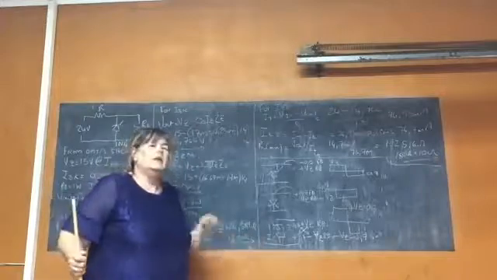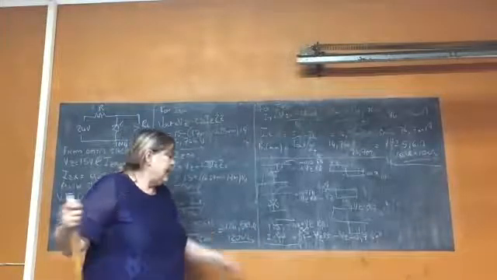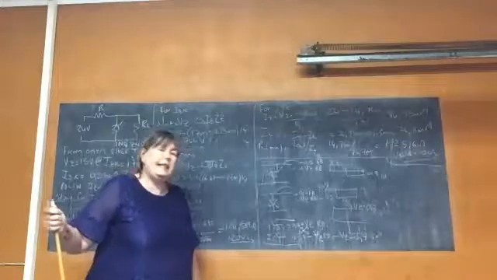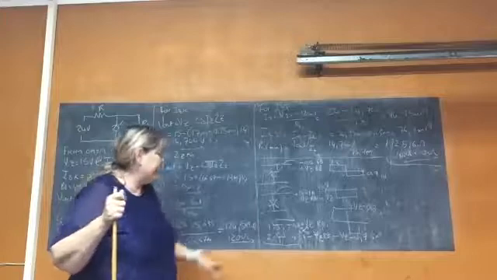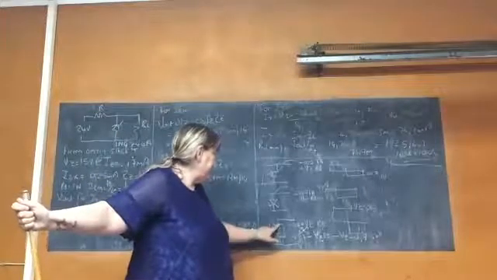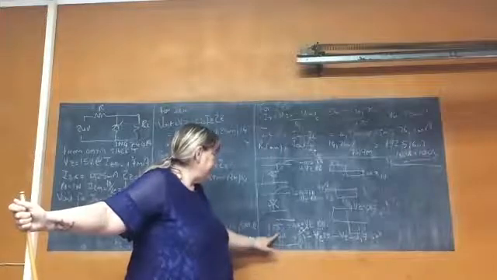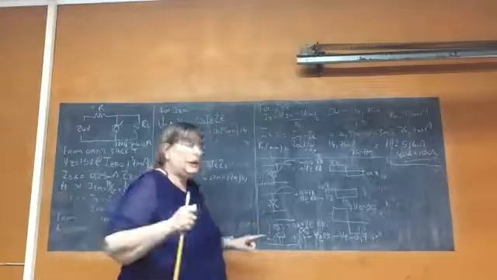But now, just like the two diodes back to back, I put two Zeners back to back. What do I get? I get minus 0.7 plus Vz, plus 0.7 minus Vz. How does it work?